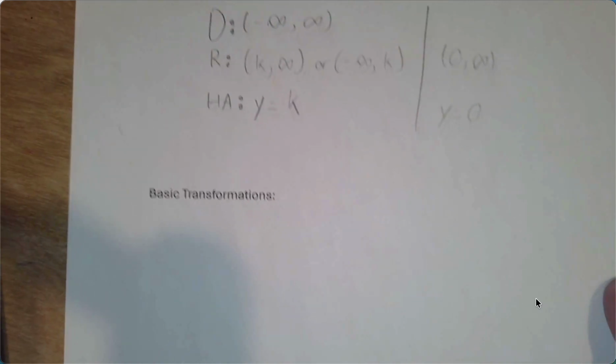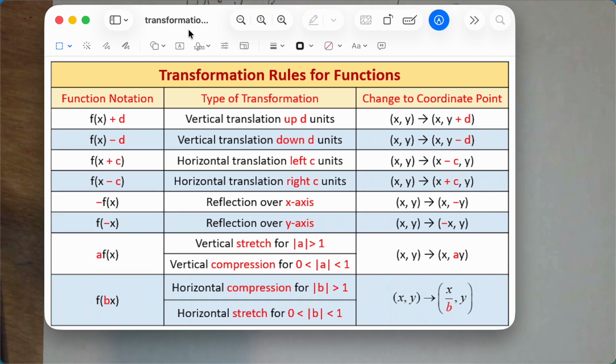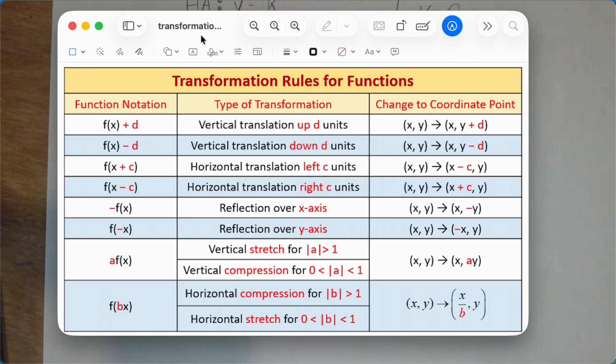Okay, from there, I guess I'm going to say basic transformations, and I'm going to leave this blank, and I'm more so going to say, if I can pull it up, here it is. Remember this page. So everything here is going to happen again. So reflecting over x or reflecting over y, is the negative outside the thing that makes the function its name? Is it inside the thing that makes the function its name?